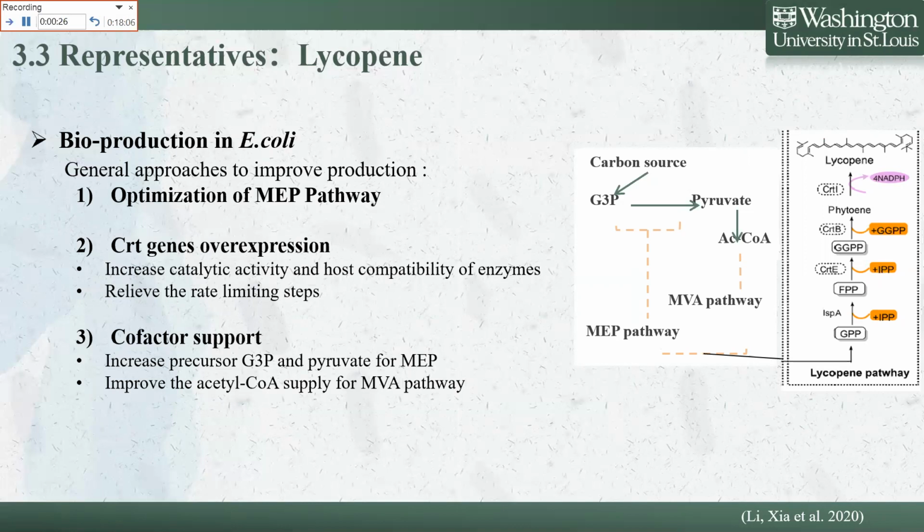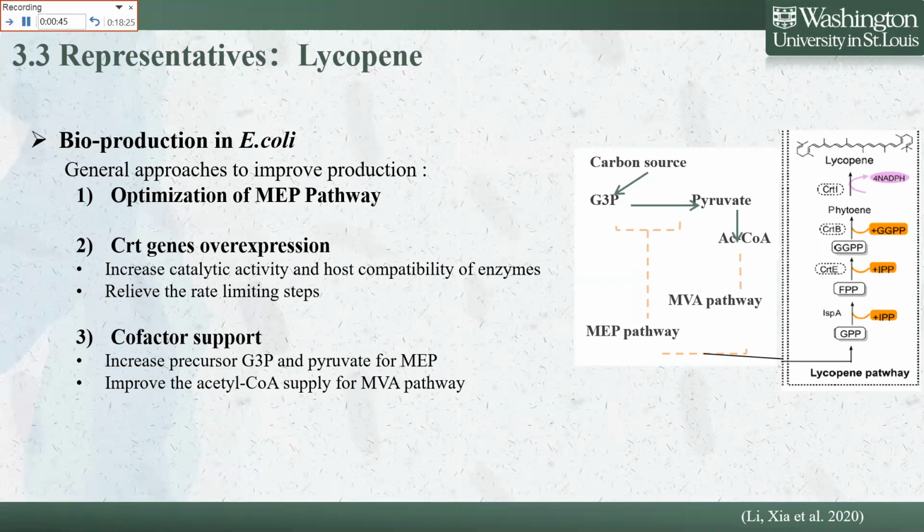And there are some general approaches to improve production. The first one is the optimization of the MEP pathway. In this method, it may be mainly focused on releasing some active burden.